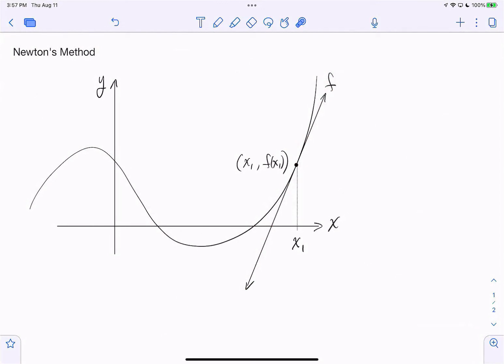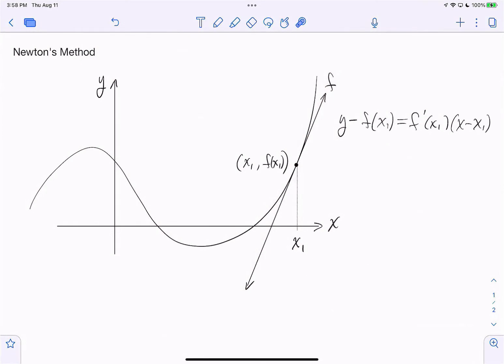In order to consider that, let's write down the equation of the tangent line. As you may remember from linear approximations and differentials, the equation of a tangent line is y minus f of, in this case, x1 is equal to f prime at x1 times the quantity of x minus x1.